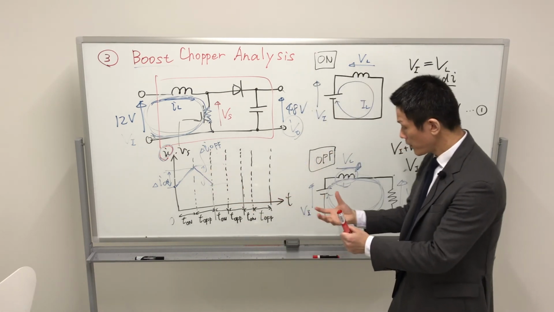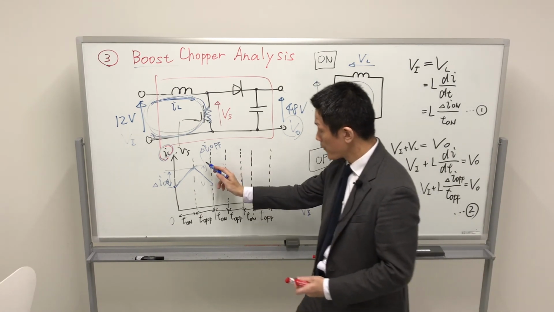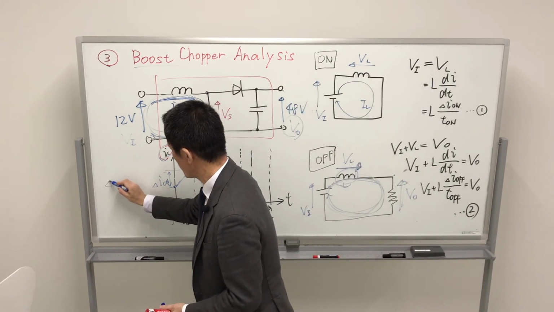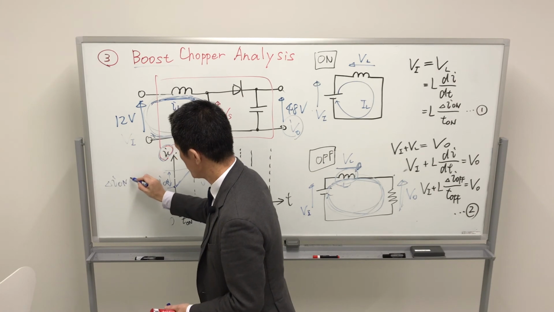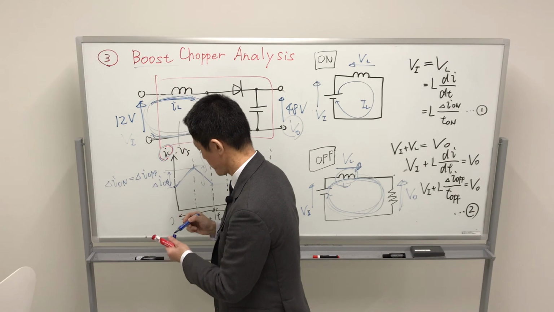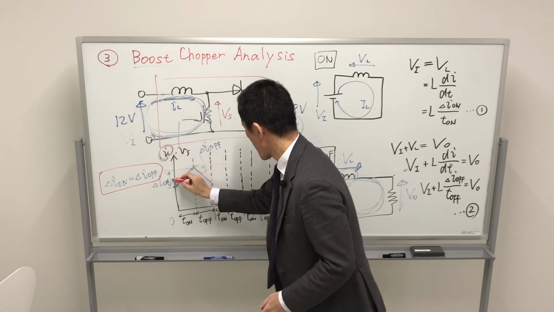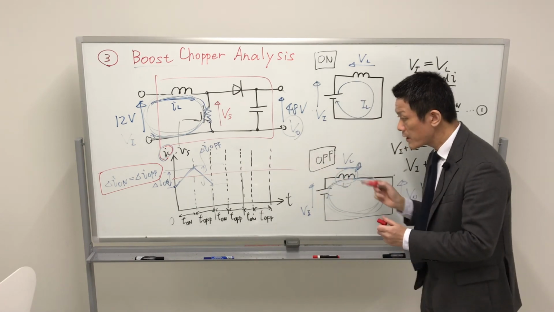To obtain the constant average value, delta I on equals delta I off. This is an important condition to keep the average constant.